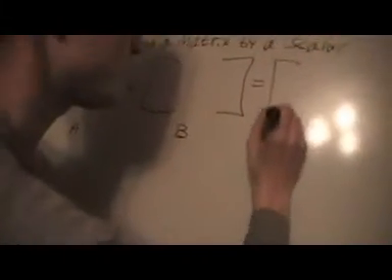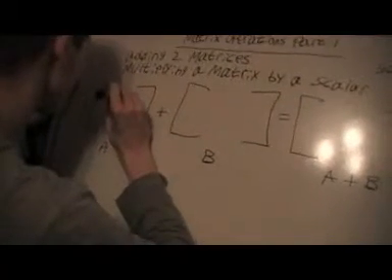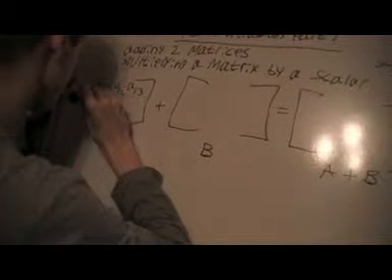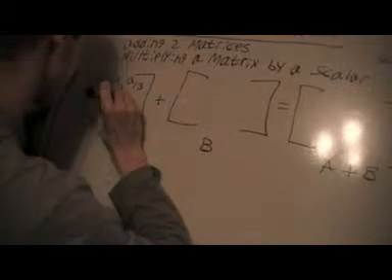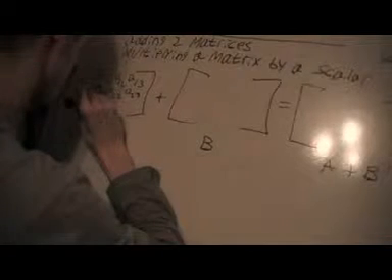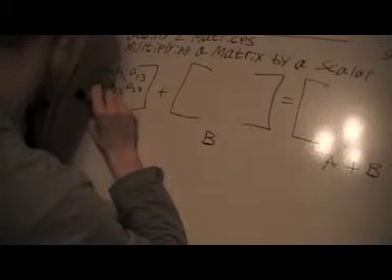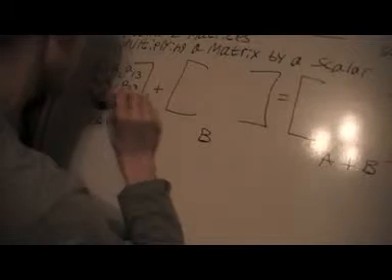So say I've got a matrix here, A, and I've got another matrix here, B, and then I've got the result here, which is obviously A plus B. I've got A11 here, A12, A13, A21, A22, A23, A31, A32, A33.